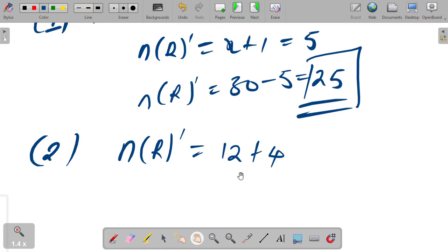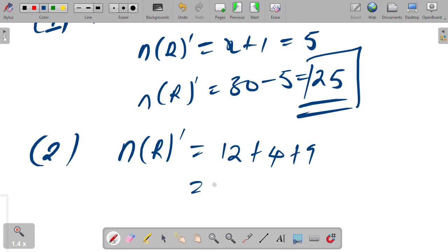Okay, so we continue. It is 12 plus 4, plus 9. Where did we get this 9? That 9 was found by 2x plus 1, 2 times x plus 1. This is how we got the 9 there. So what do we get when we add everything here?